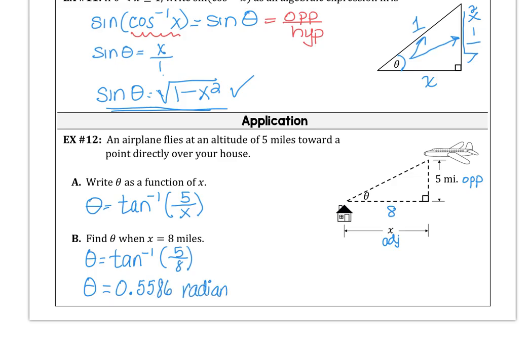Now, if you wanted to know a degree, just because we're familiar with degrees, we could convert that 0.5586 radian by multiplying by 180 and dividing by pi, and we'd get something around 32 degrees. But remember, we don't do degrees in AP Pre-Calc. That was just for a better understanding of how big that degree is.